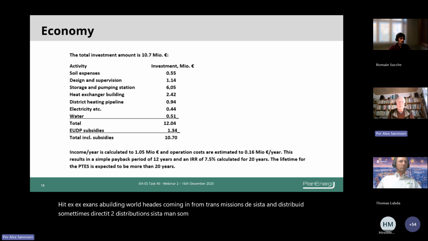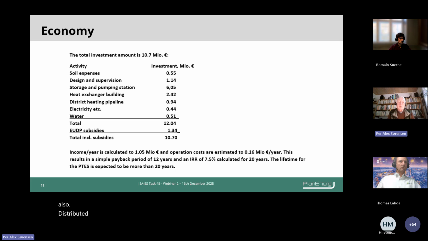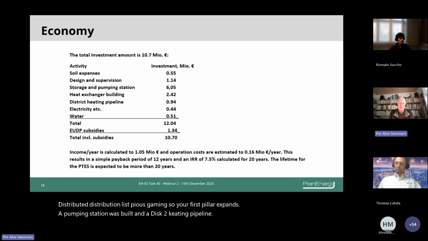And from the storage you can also distribute to the distribution system from this building. So here at first the soil expenses and design and supervision, and then storage and pumping station, so heat exchanger building and a district heating pipeline and electricity connection and water.